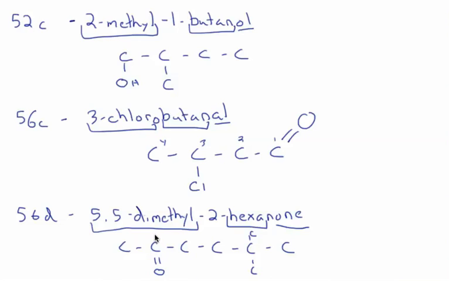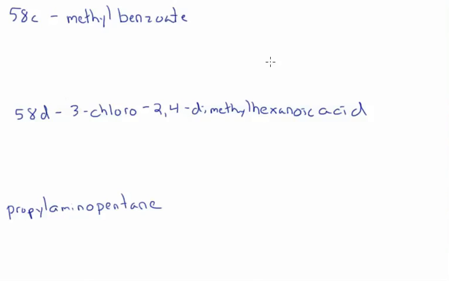Let's look at these last 3 examples. "Oate" tells us that we're dealing with an ester. And benzoate tells us that we're dealing with an ester that was derived from benzoic acid. So the main chain here is a benzene ring. So we do 1, 2, 3, 4, 5, 6. Draw our circle here.